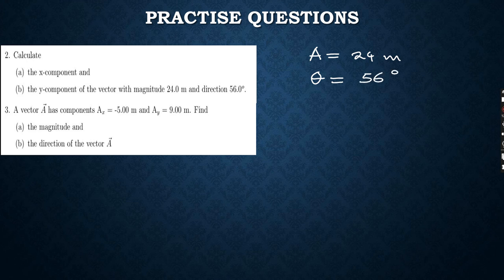So we are asked to find the x component and the y component. As usual, you know that the x component is A cosine theta. You already know the formulas, guys. So we just say our A is 24, then cos 56.